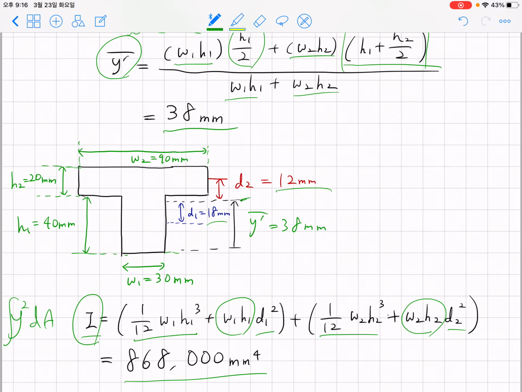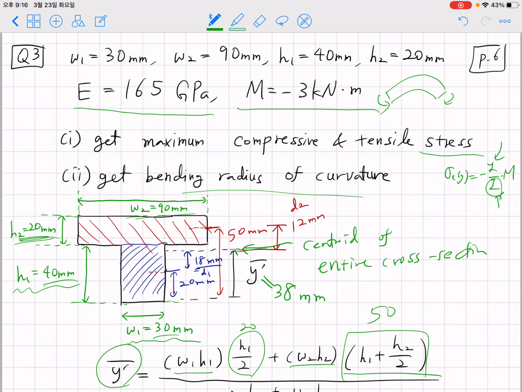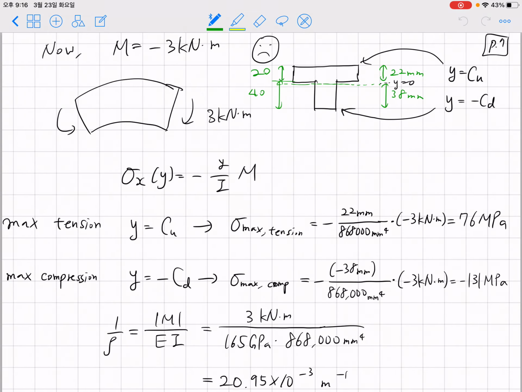Having obtained the value for I, and the location of the centroid point, we can apply the flexure formula. So let's try to get the answer for the first problem. As I told you, we have the negative moment M, minus 3 kilonewton meter, which is a frowning face, and you can expect that there's going to be tension and compression under the pure bending.